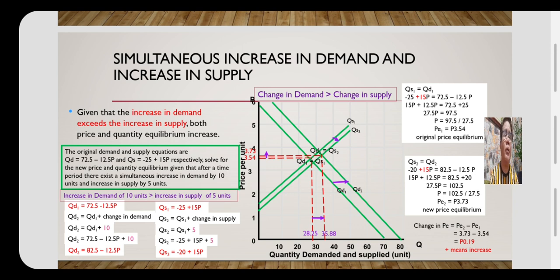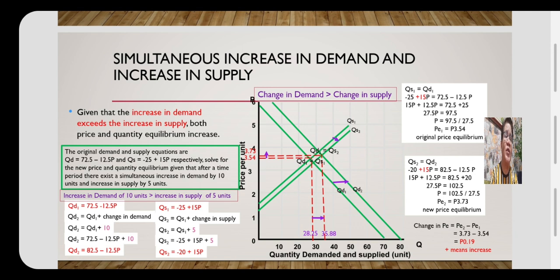And we can now add the coefficient of P. 15 plus 12.5 is 27.5. And we can also add the whole values, which is 72.5 plus 25. Notice that the 25 is now positive, when in fact it was negative at the left side of the equality sign.